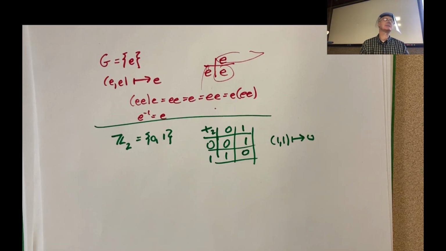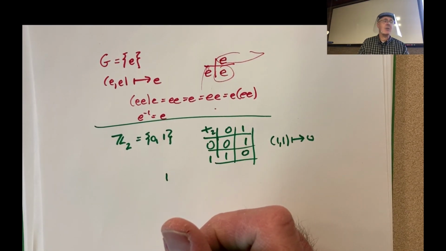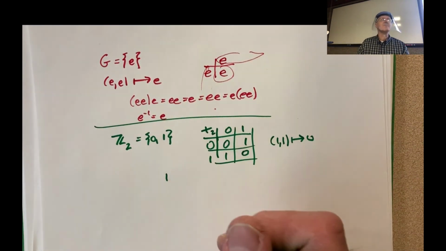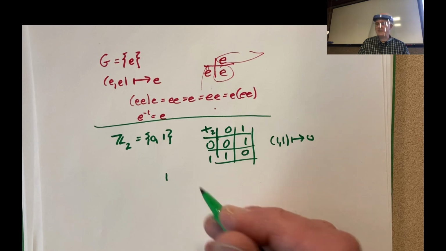Because the operation is addition, however, we would not write 1 to the negative 1 power. You shouldn't necessarily always think of it as a negative 1 power, though informally you do when you write that kind of thing. It's not the same as division, so you have to be a little careful.